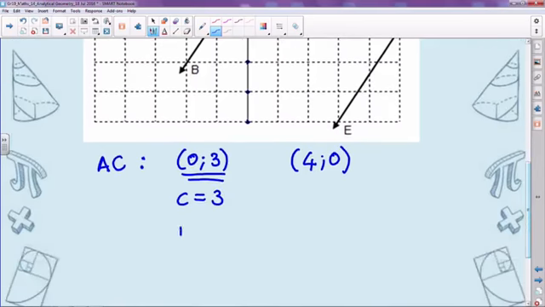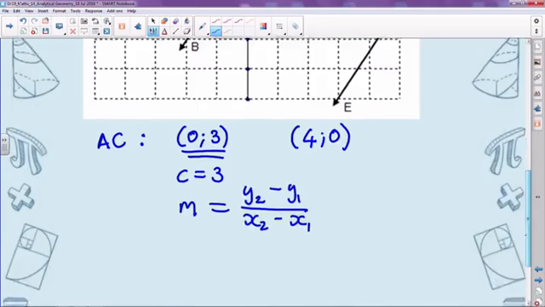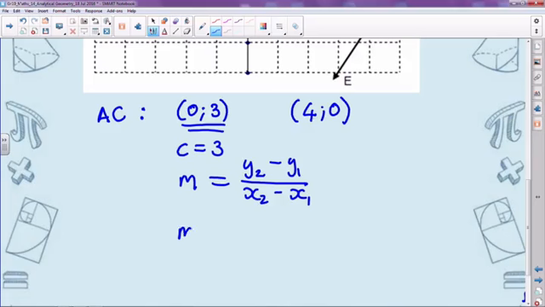But how do I work out the gradient? Remember, gradient is equal to y2 minus y1 over x2 minus x1, and you will have that formula on your formula sheet. So if we substitute these values in, let's call this point 1 and this point 2, then we've got our x value and our y value. Our y2 value is the y value in the second point, so that's going to be 0.